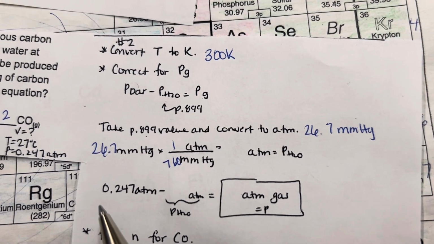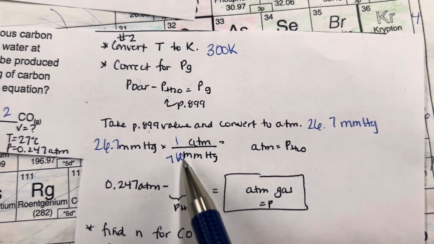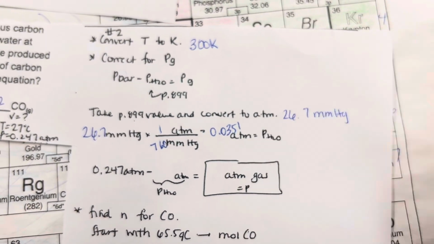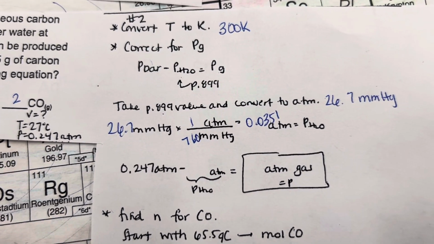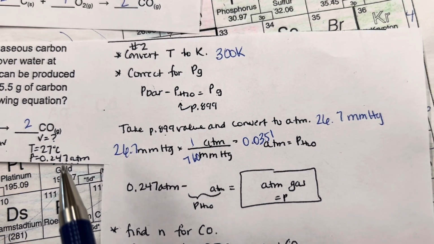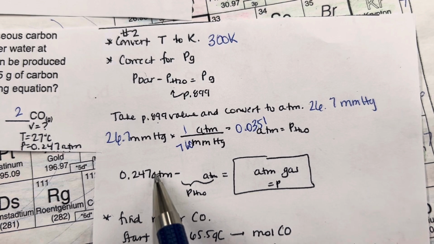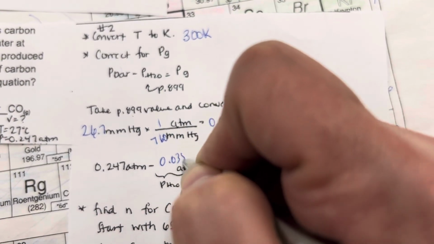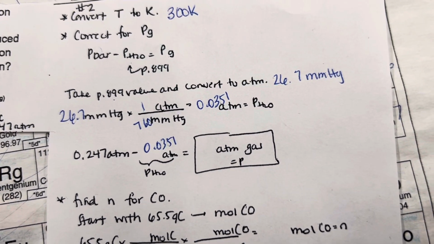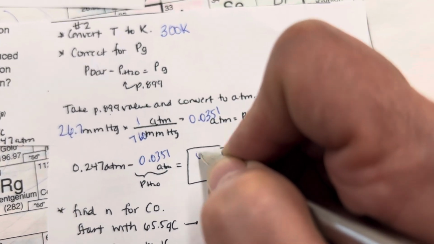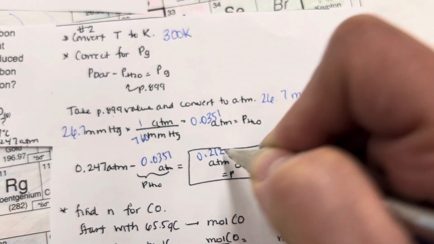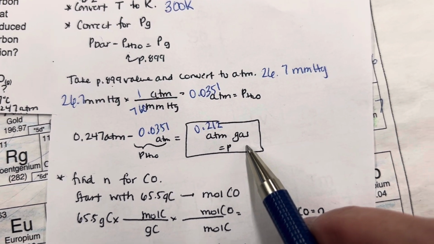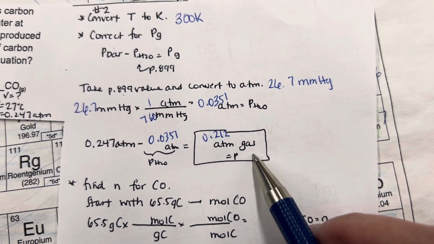So with my calculator, 26.7 divided by 760 gives me 0.0351 atm. Now I can take the total pressure, which was 0.247 atm, and subtract this little bit of pressure from the water. I subtract that out, and I get 0.212 atm. So this is the pressure value that I need to use later on in my ideal gas law.